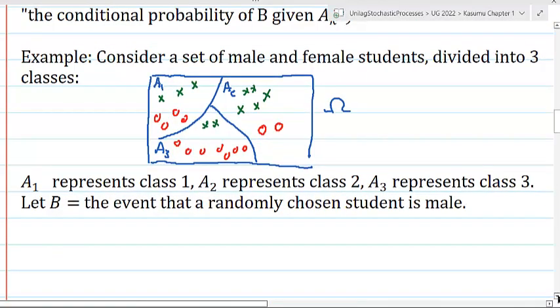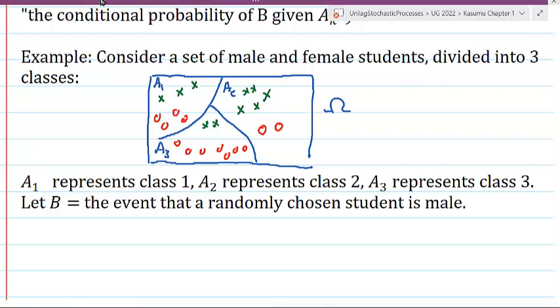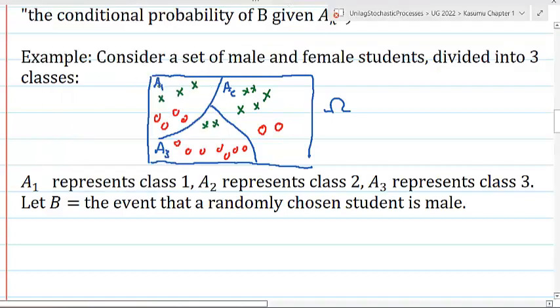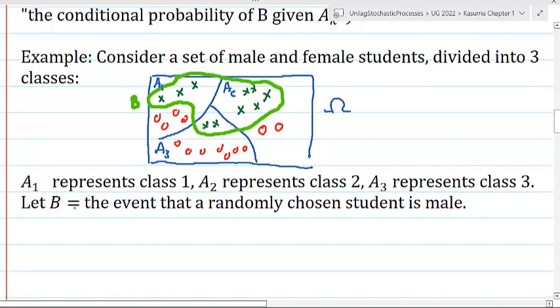B is the event that a randomly chosen student is male. So if I wanted to show what B is, it's the set including all of the male students. So this is my set B. So I want the probability that a randomly chosen student is in set B. Now, one way to find this answer directly would be to take the number of male students and divide it by the total number of students.